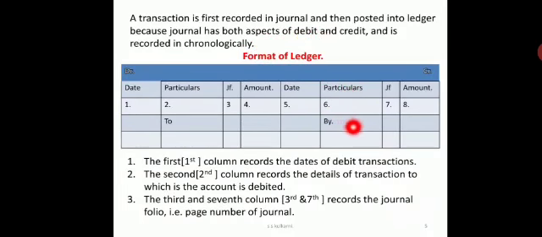The seventh column also records the page number of the journal, that is the journal folio. The eighth column records the amount of credits. So the total given here gives me the credit total and the total given here gives me the debit total.